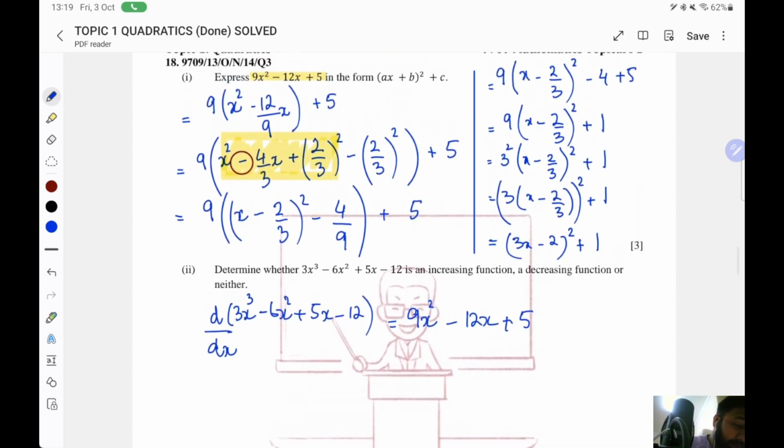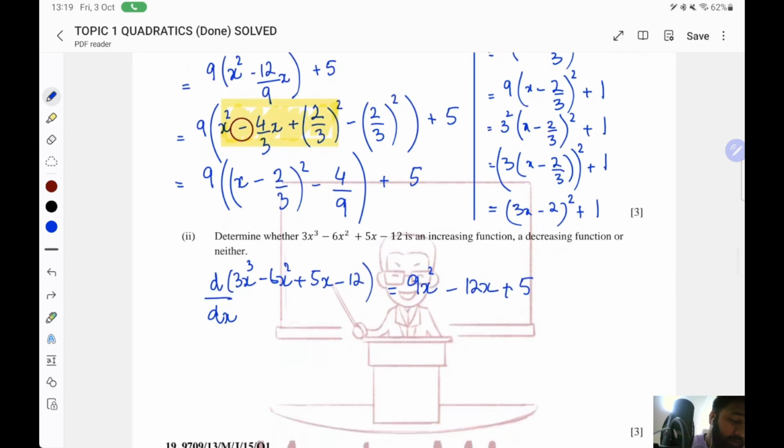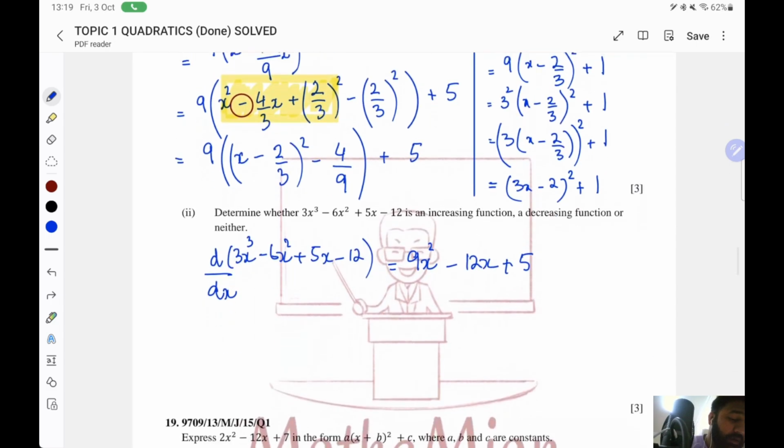And if you look at the previous question, the previous part is related to this. In this question he is asking you to find out whether it's an increasing function or a decreasing function. To check that, you will find the derivative of the function.